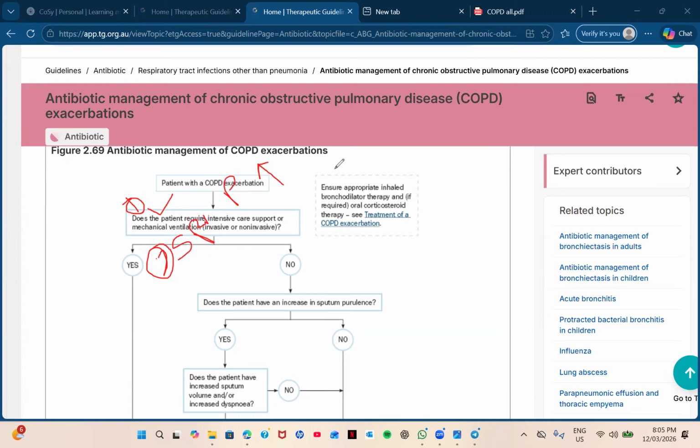If it is increased, then you have to think about sputum volume, right? Whether sputum volume is increased or not, and whether the patient is dyspneic or not. So please remember these points. These are very high yield because you need to know these stepwise points, okay?